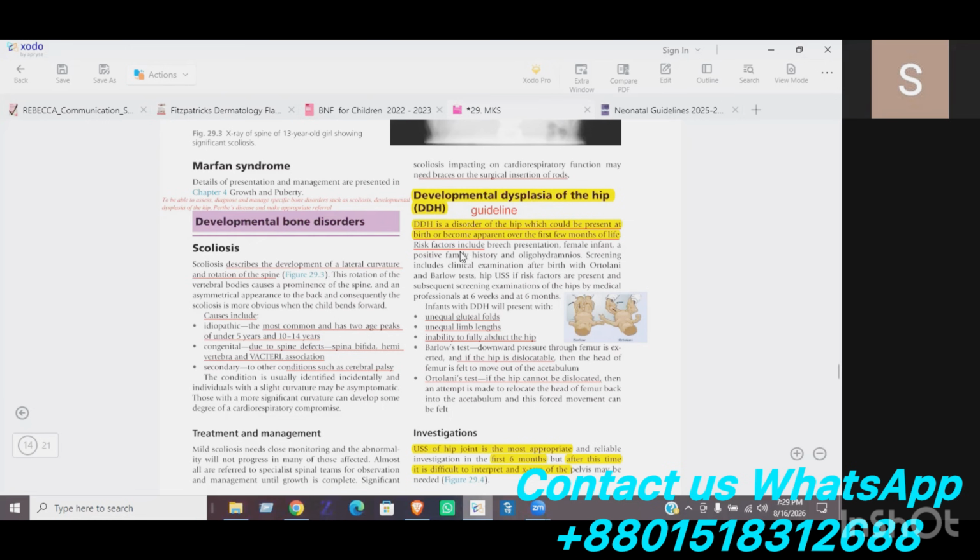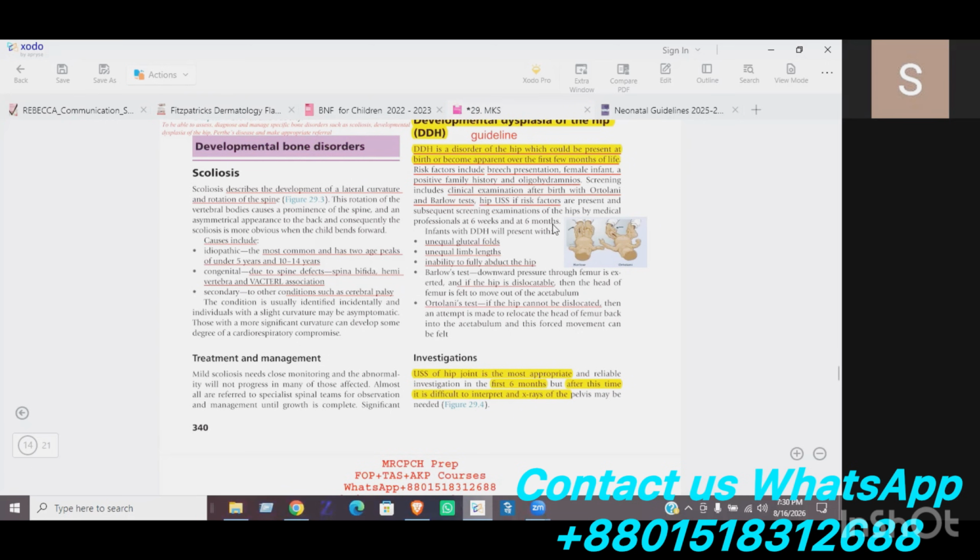Most important are the risk factors: breech presentation, positive family history, female infant, and oligohydramnios. Screening after birth is by two clinical examinations, the Barlow test and the Ortolani test, and if there are risk factors, ultrasonography of the hip.